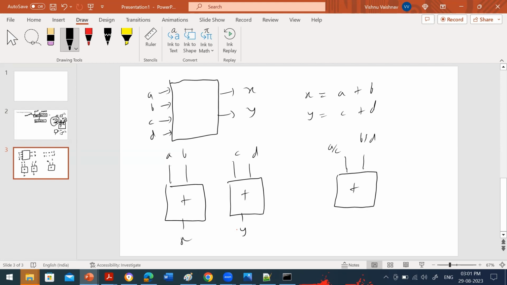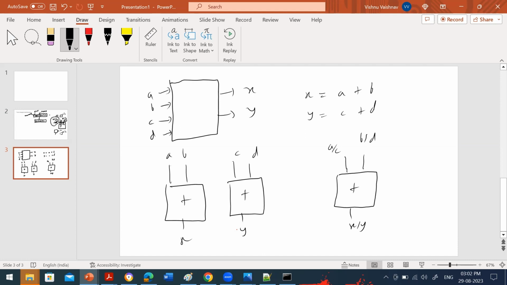What idea can you bring here? You can just do alternate operations. Like first you do A plus B, then next time C plus D, then A plus B, C plus D, A plus B, C plus D, alternating. The same adder can do it, because it's adder functionality, right? Why do you need two adders? The same adder can be used to do this operation.